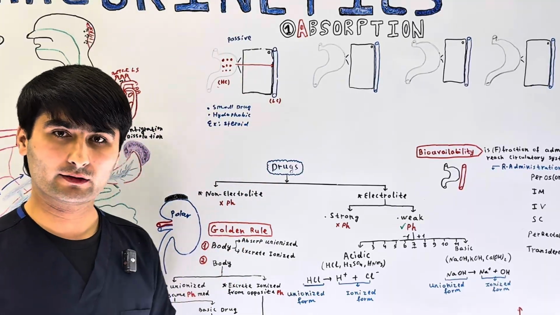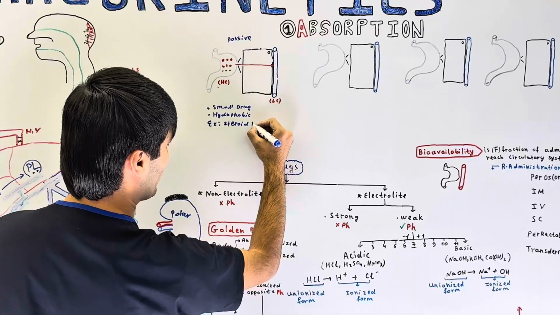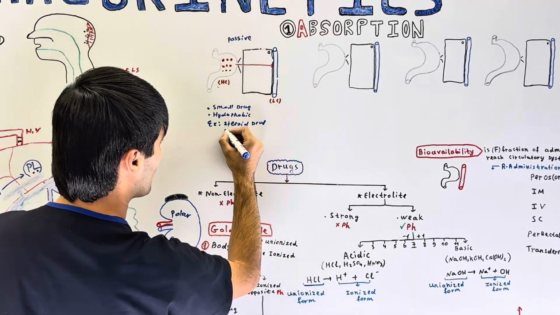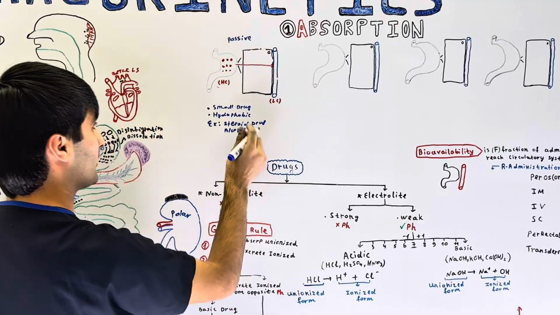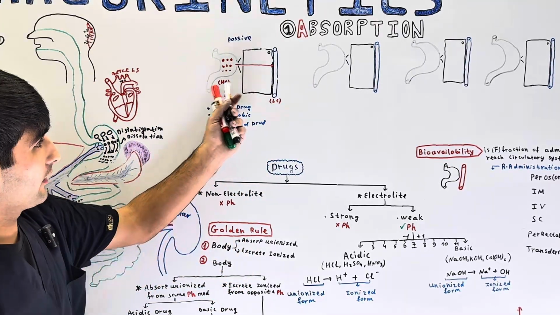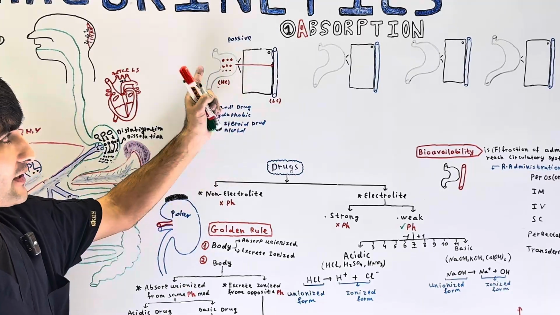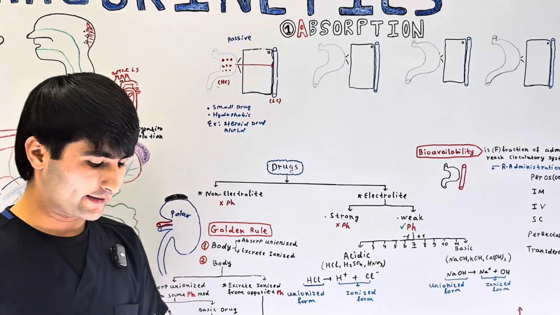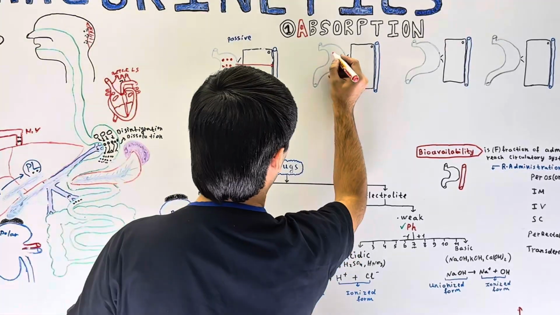Dexamethasone or prednisolone can be absorbed through this mechanism. Steroid drugs, also alcohol, reach the blood circulation from the site of administration through passive absorption. It was the first mechanism of absorption. So the second one, there are also some drugs. Here we have the drug.